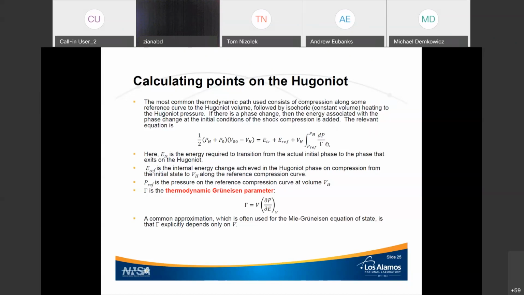I usually use lowercase gamma, but because I sometimes teach courses for physicists, and they're used to the Grüneisen parameter being an uppercase gamma, and I have to deal with people who use lowercase gamma for a different quantity, I've switched over to using the uppercase. Just be aware that you may see this gamma either as an uppercase or a lowercase. This is the Grüneisen parameter, the thermodynamic Grüneisen parameter.